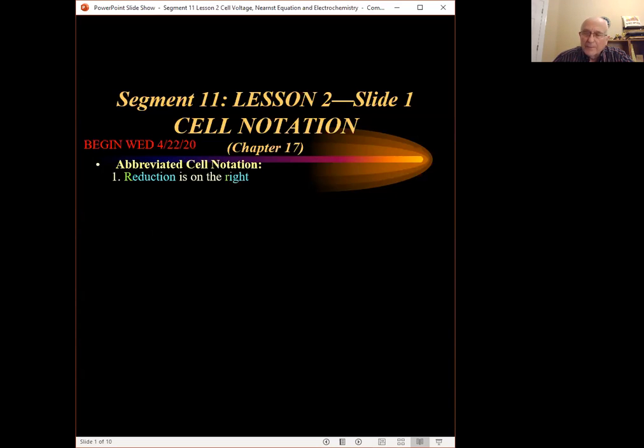Now, we're going to have a cell notation that has a middle part. Generally, that middle part will be two diagonal lines, and I'll tell you about that in a moment. But then the part of the equation that is to the right of that is the reduction half cell.